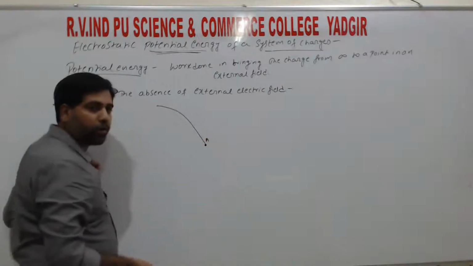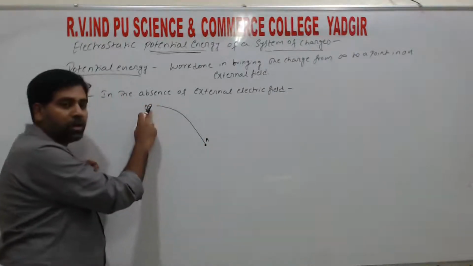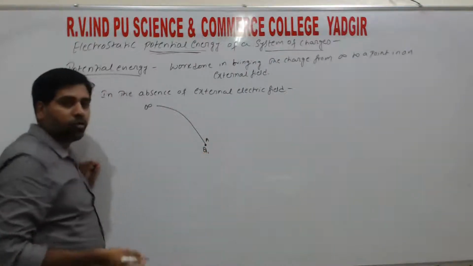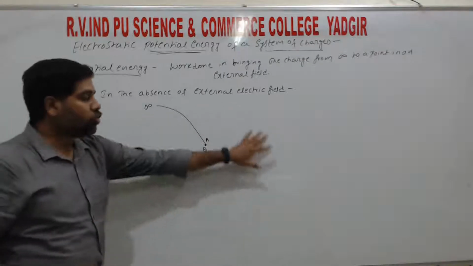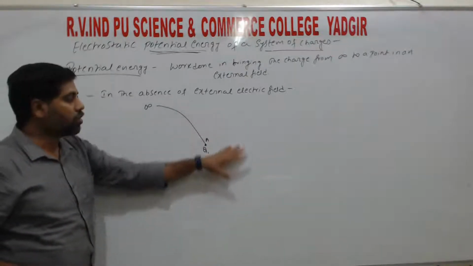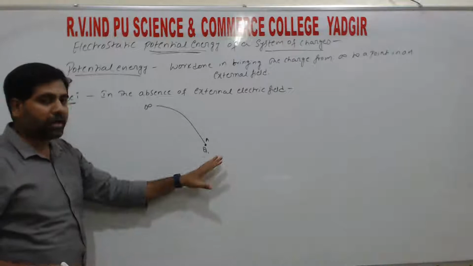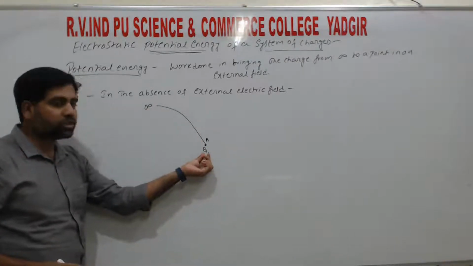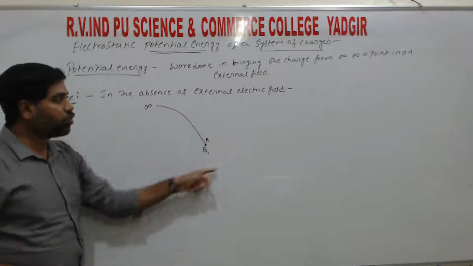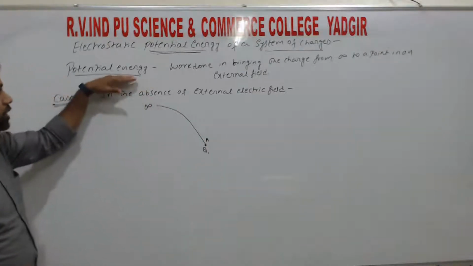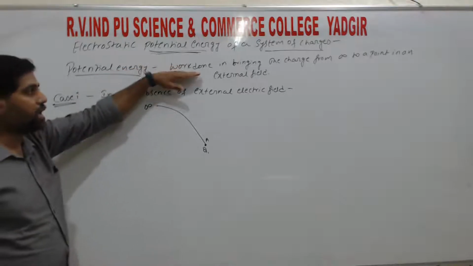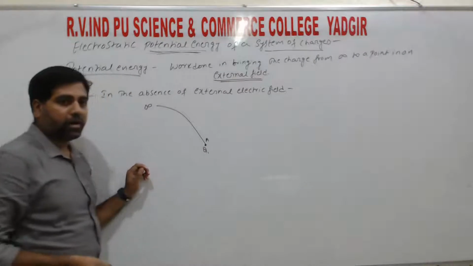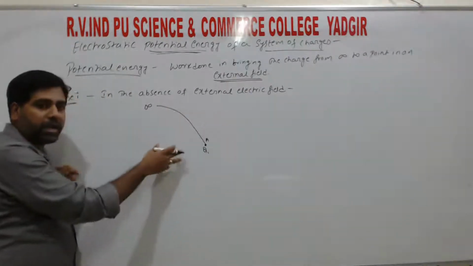Calling this point A, we are bringing the charge from infinity to this point, right? So the charge is q1, right? So here there is no external field. That means we are not applying any external field here. So the work done in bringing the charge q1 from infinity is 0 because there is no external field. From the definition of potential energy, work is done when we are bringing the charge in an external field, right? So here we don't have any external field.